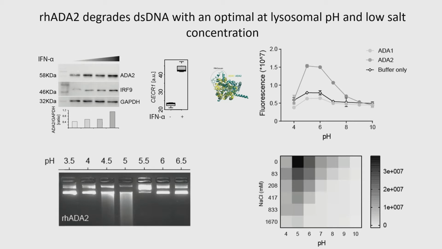Therefore, we wanted to compare the DNase activity of ADA1 versus ADA2. This is a gel analysis of DNA degradation, and as you can see, ADA1 has no activity at all, and ADA2 is confirmed to have a strong DNase activity at lysosomal pH.